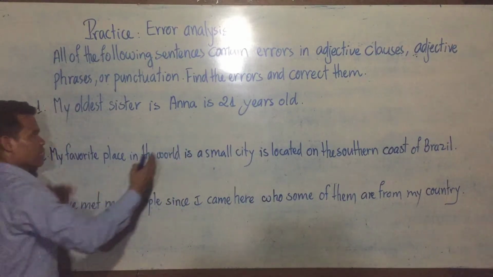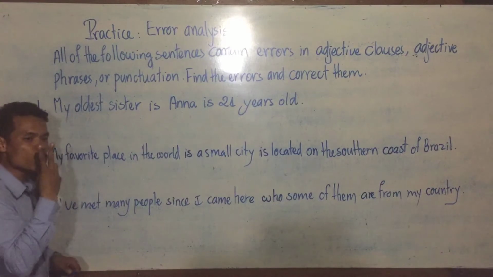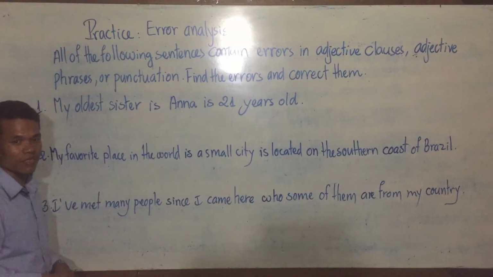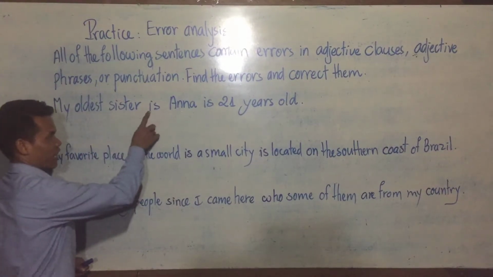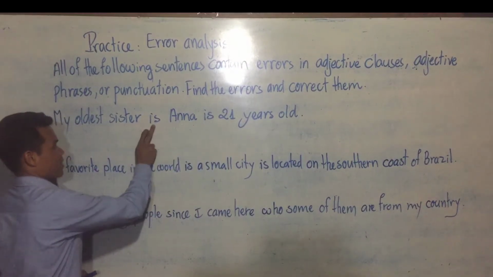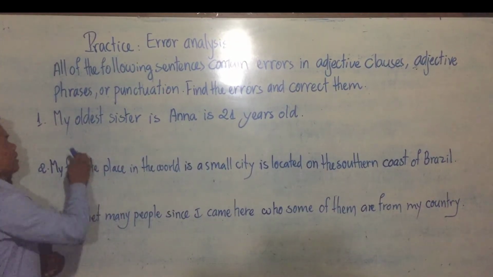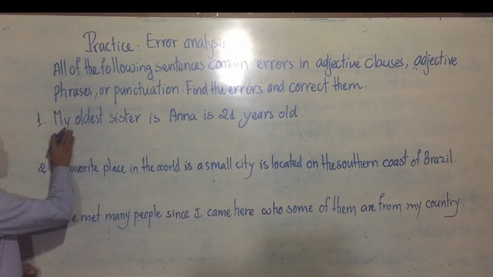Do you think one sentence contains 2 main verbs without conjunction? No, not really so. It means that the error can be in here or in here. So okay, go with me. We can write here like this in 2 ways.